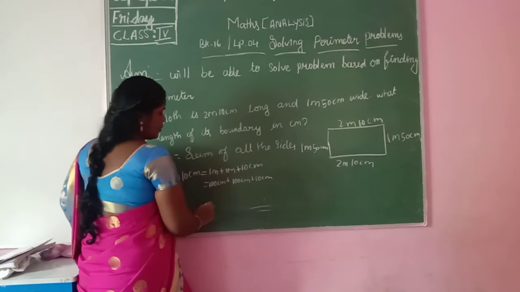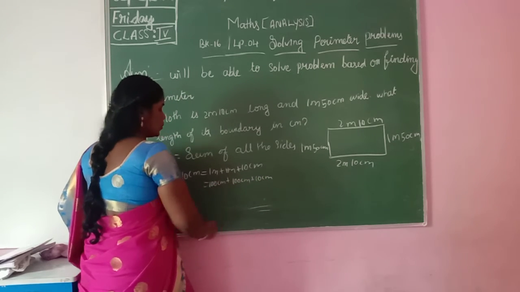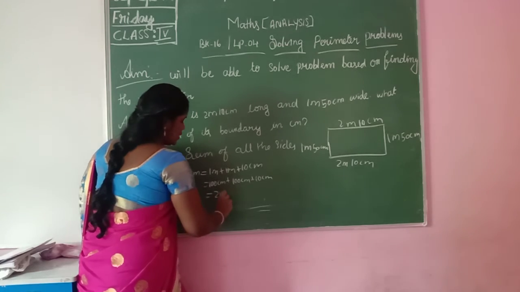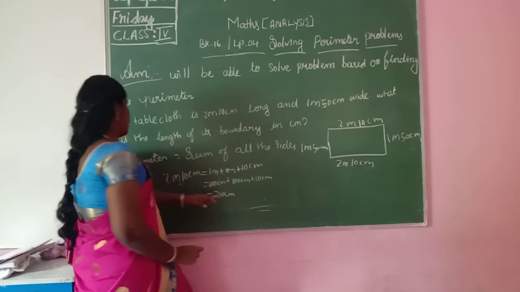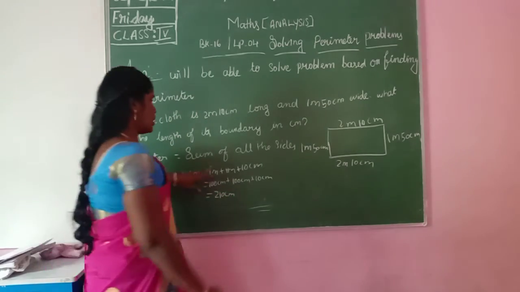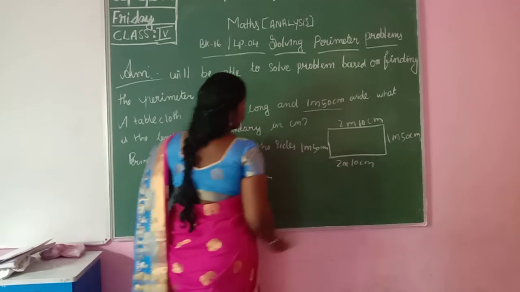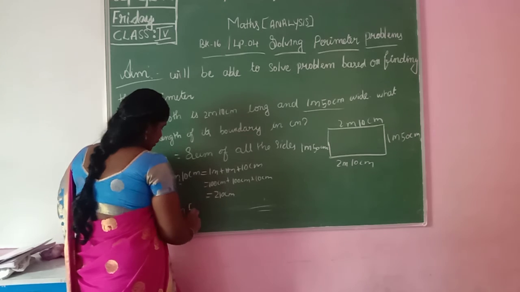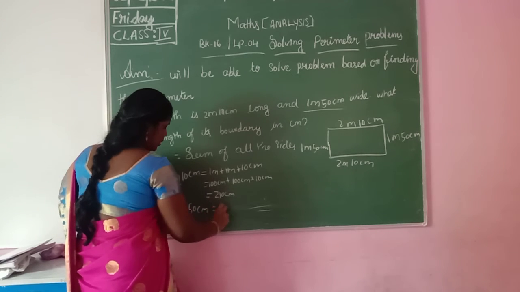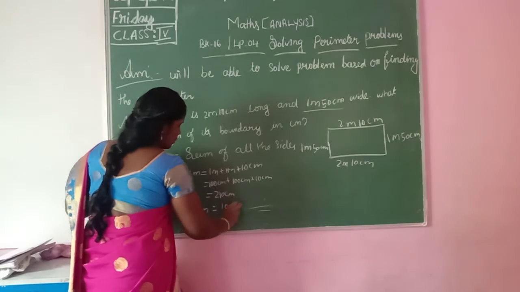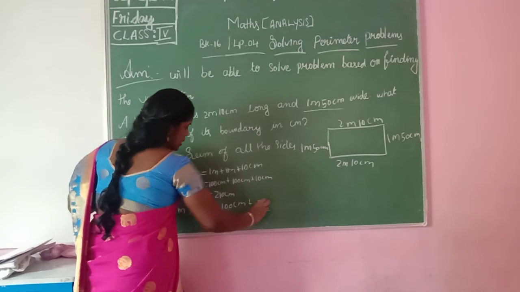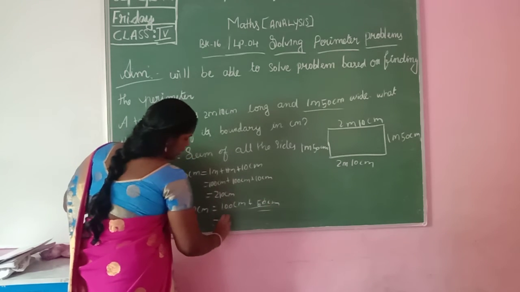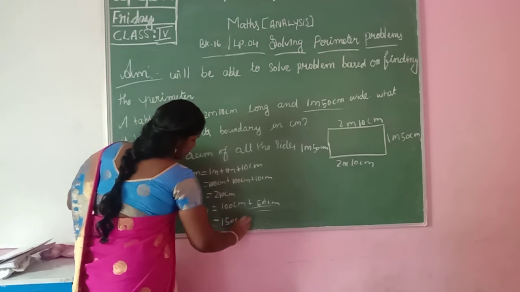We add everything: 100 plus 100, 200, 210 centimeter. Now we converted this to centimeter. And one more measurement they gave, 1 meter and 50 centimeter. 1 meter is equal to 100 centimeter plus 50 centimeter is equal to 150 centimeter.